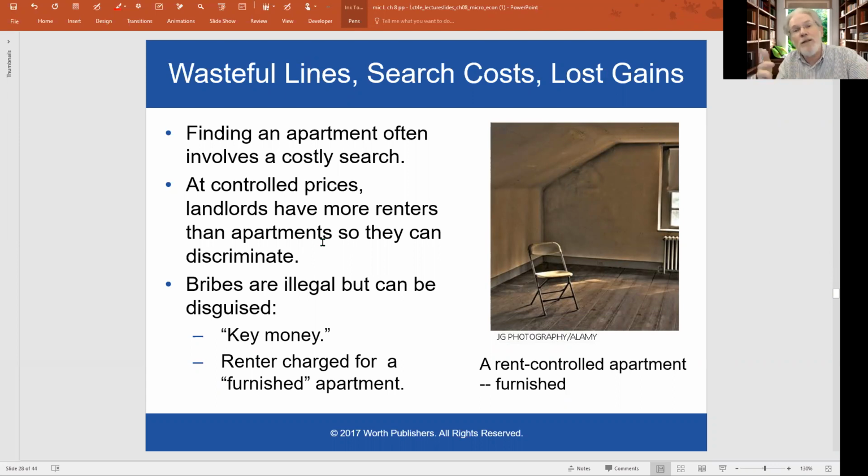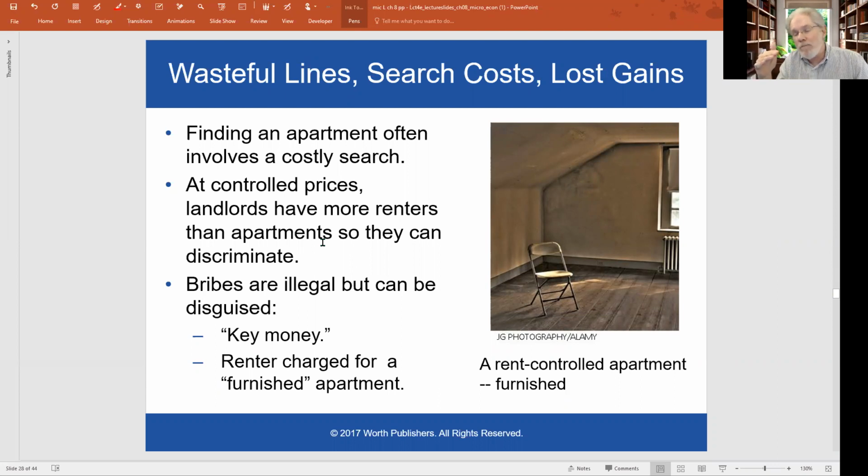And he wants to get those filled quickly, so he'll be earning more rent. So without rent control, if someone comes and says, I'd like to rent this apartment, and for some reason he doesn't like them, if he turns them down, it's going to cost him money, because it means that his apartment is going to stay vacant for longer.